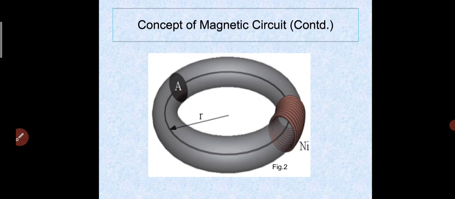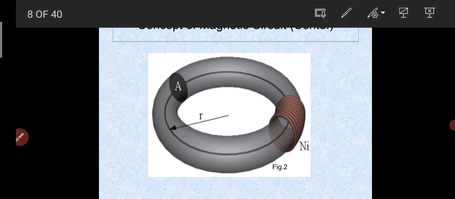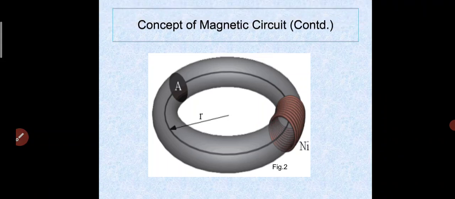So this is the magnetic circuit in toroid. So this is the radius, number of turns N and ampere turns.